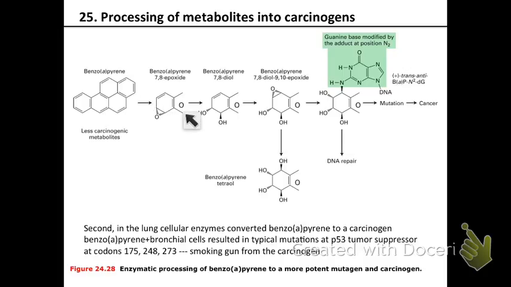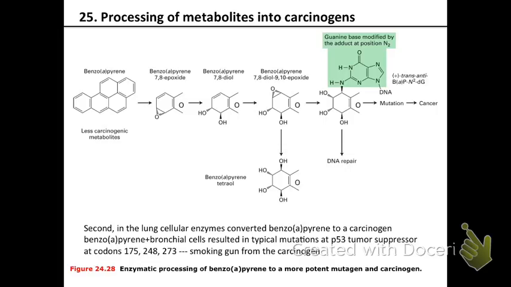There are some enzymes in the lung cells that can convert this benzopyrene to a carcinogen. That carcinogen then reacts with the DNA and basically adds a big adduct, a big molecule at a certain position in the DNA that causes a problem. So what kind of repair mechanisms can actually repair this when you have a big adduct on the DNA?